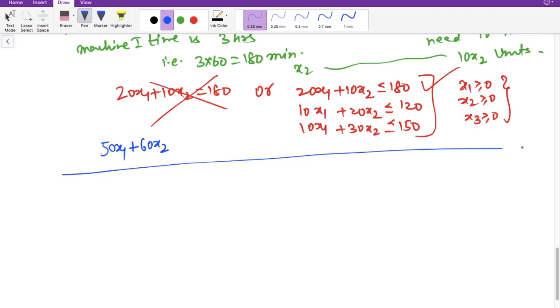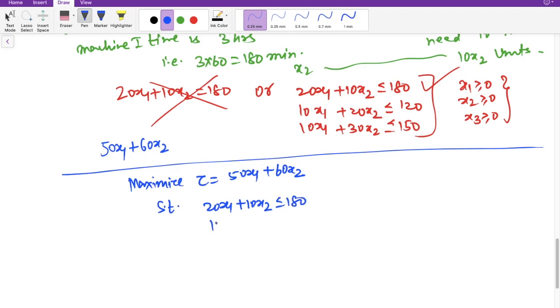So finally, how can I write my problem? My problem would be: maximize z equal to 50x1 plus 60x2 subject to 20x1 plus 10x2 less than or equal to 180, 10x1 plus 30x2 less than or equal to 120, and the third one is 10x1 plus 30x2 less than or equal to 150, and then x1 is greater than or equal to 0, x2 is greater than or equal to 0.